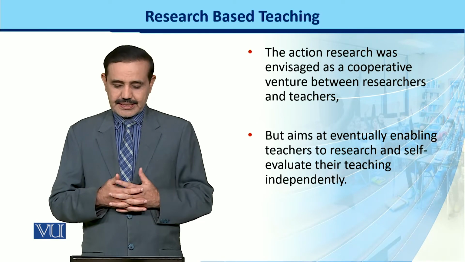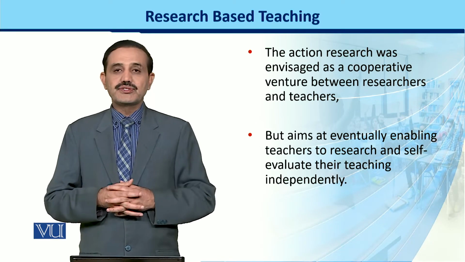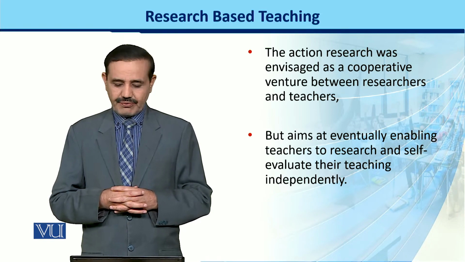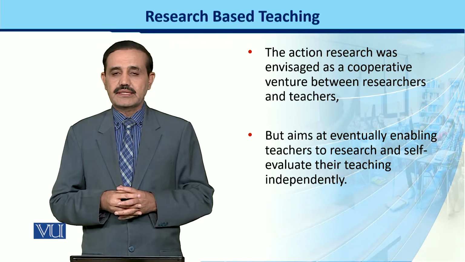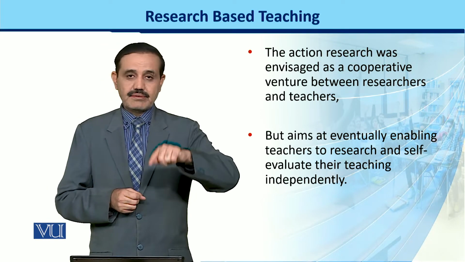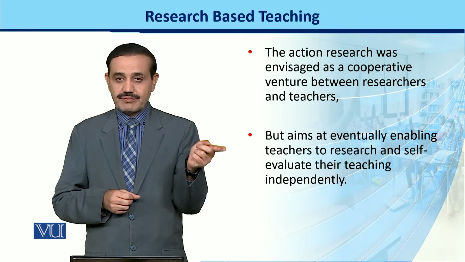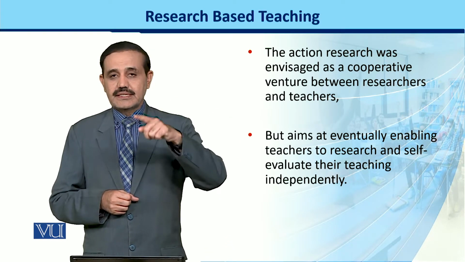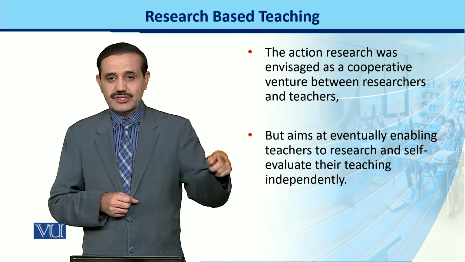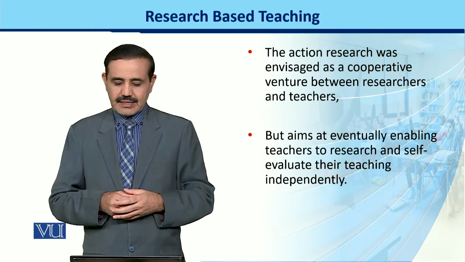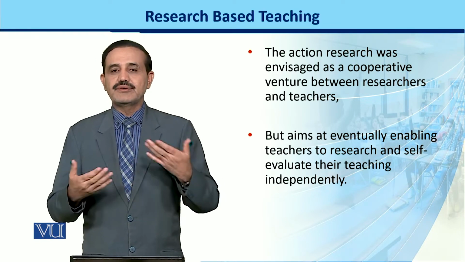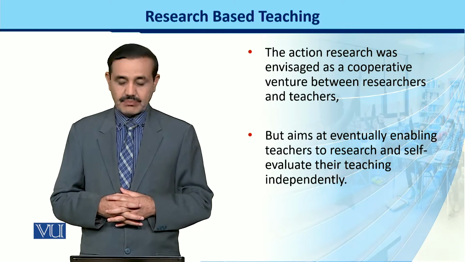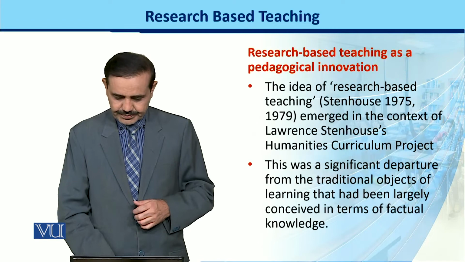This ultimately aimed at enabling teachers to research and self-evaluate their teaching independently. Because of the joint venture between teaching and research, it helps in evaluating how efficiently and effectively teaching as a process is going on.